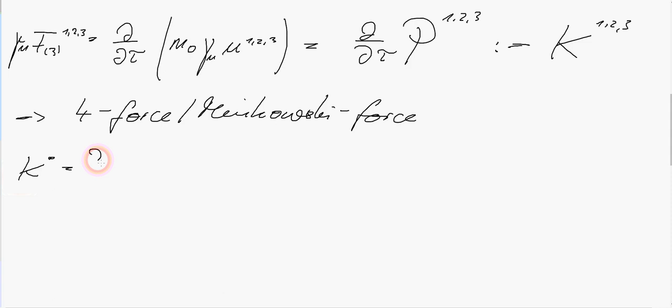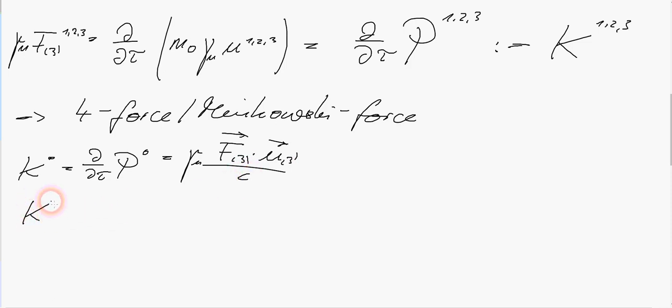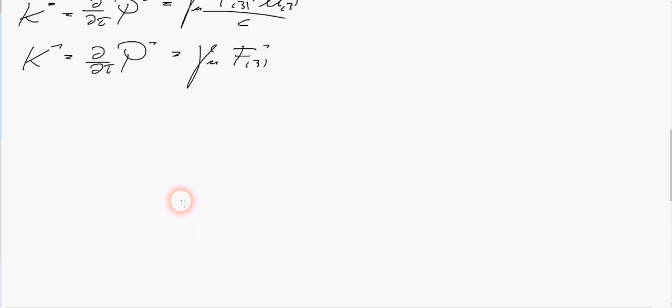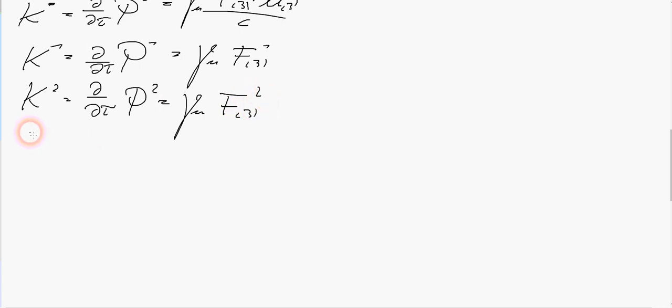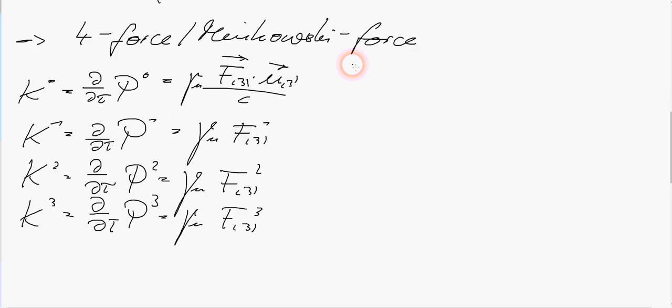Again as a summary: dp⁰/dτ equals γ_u F₃ times u₃ over c, which is K⁰, and dp¹/dτ equals γ_u F₃,1, which is K¹, and likewise K², and this we can combine into one 4-vector.